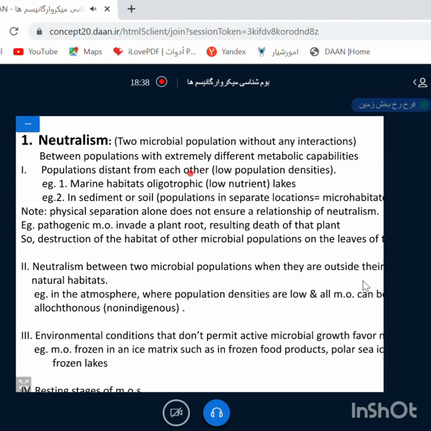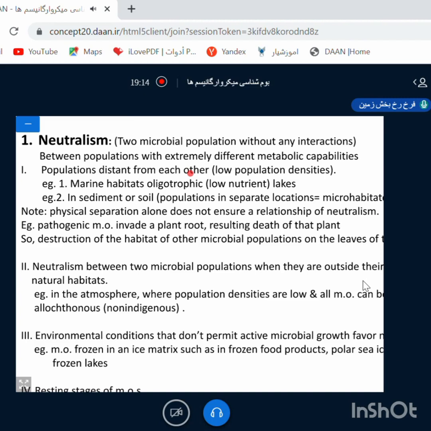Suppose there is a tree in the garden with a stem 5 meters up and roots 5 meters down. Some microbes are 5 meters down and some microbes 5 meters up. They are very far from each other. We think most probably their interactions are neutralism. 99% is so.